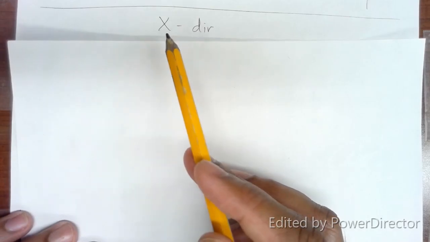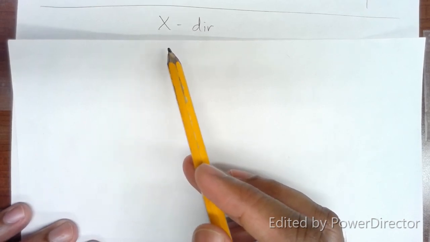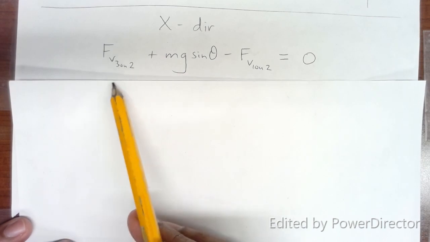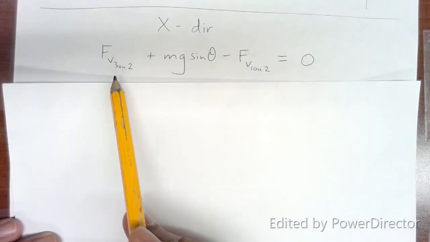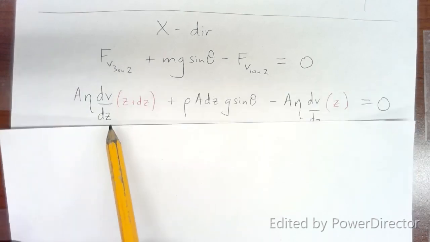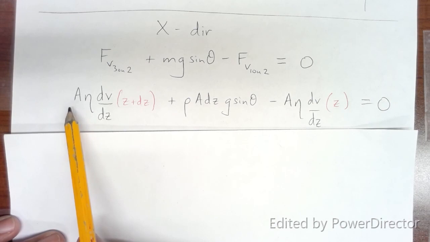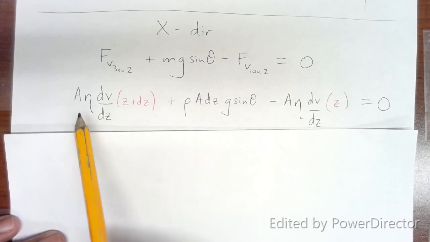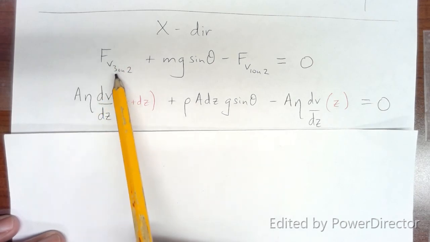Now that we've had some practice in the z direction, let us continue and look in the x direction. Newton's second law applied to the x direction gave us this equation. So let's see what substitutions we can make. The viscous force we know is proportional to the area of contact, the coefficient of viscosity, and the velocity gradient. This is the viscous force of layer 3 on layer 2.